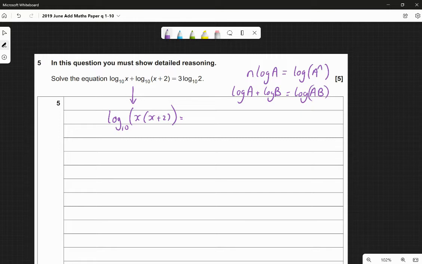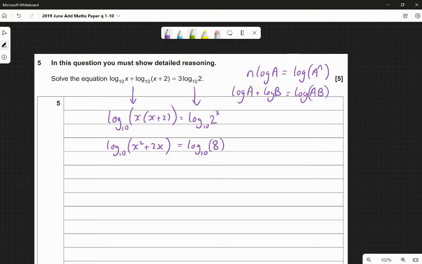So 3 log base 10 of 2 can be rewritten as log base 10 of 2 to the power of 3. Okay, which is log base 10 of 8. So on the left hand side, I've got log base 10 of x squared plus 2x. I'm just expanding those brackets. And on the right side, I've got log base 10 of 8.